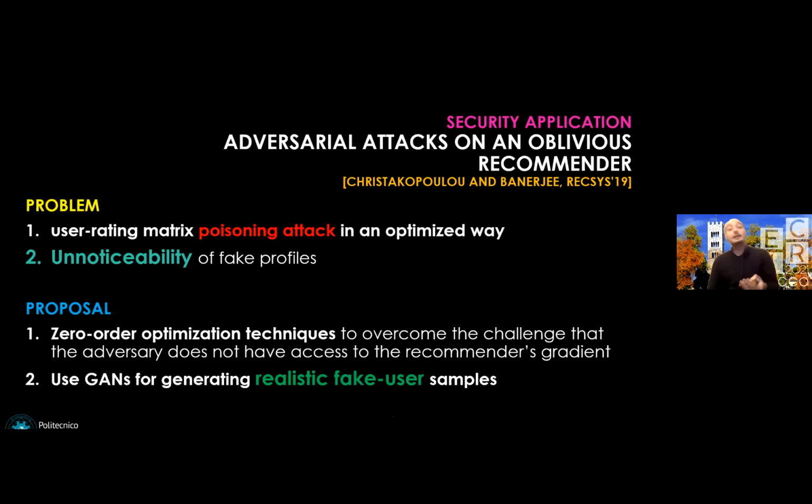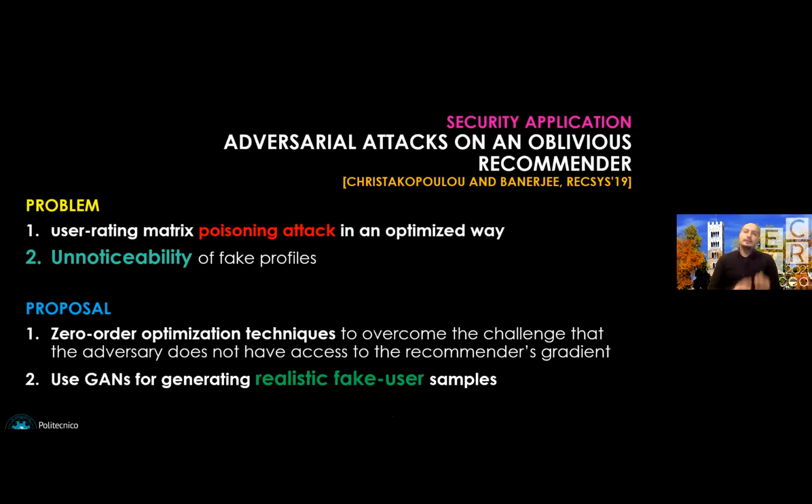And finally, we can focus on one of the first applications of GANs in security of recommender systems, with adversarial attacks on an oblivious recommender, which was proposed at RecSys in 2019.